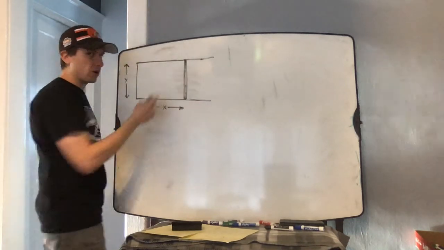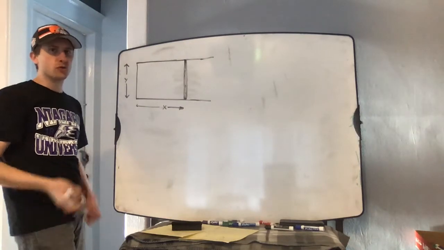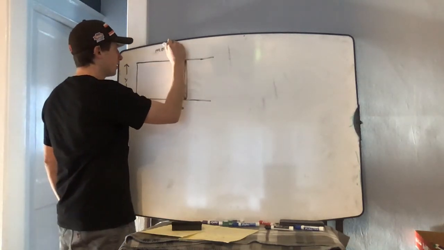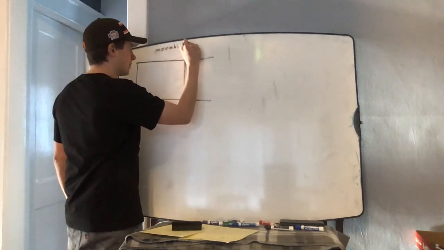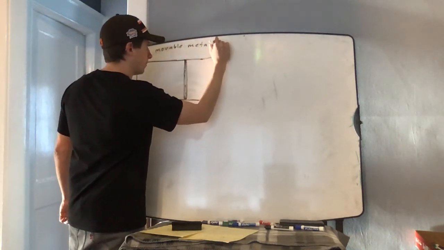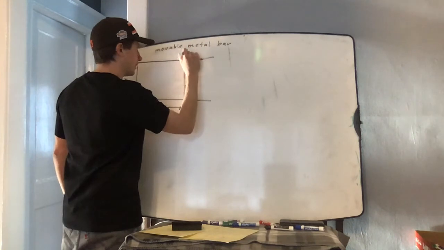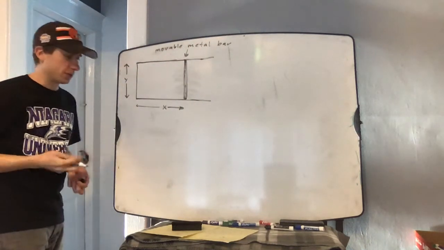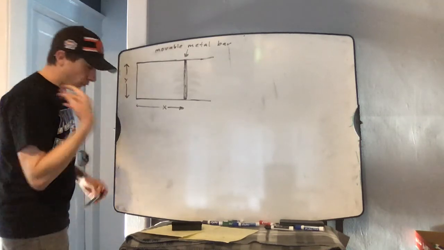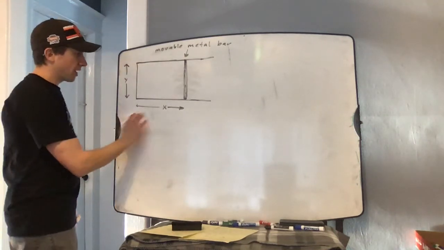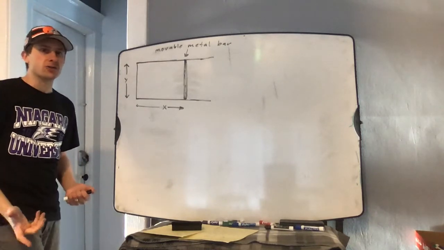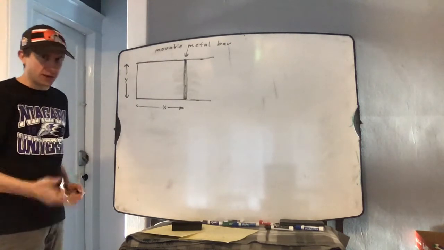And this metal bar, let's suppose we're able to move it to the left or to the right. So this is a movable metal bar that in principle we could slide to the left or to the right as we want. Now, for the moment, this movable metal bar is going to be a distance x away from the vertical part of our C-shaped piece of wire.